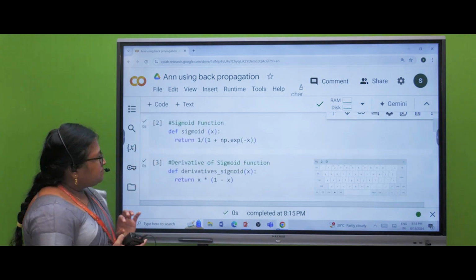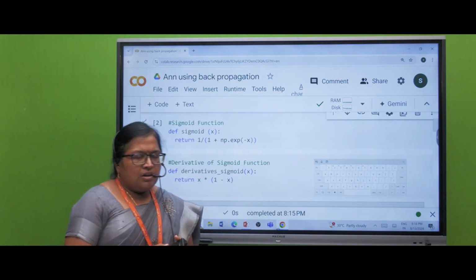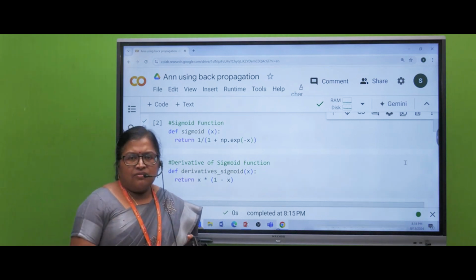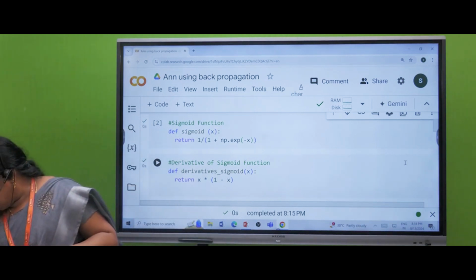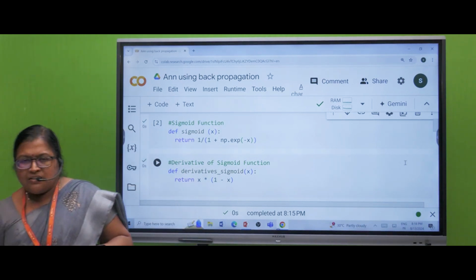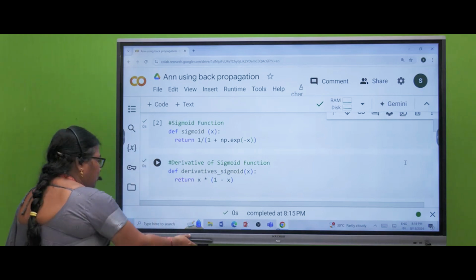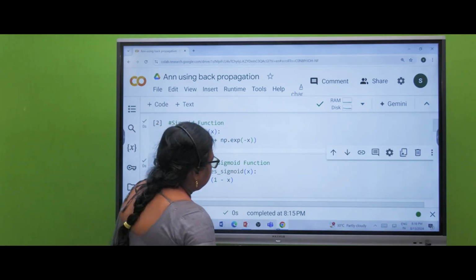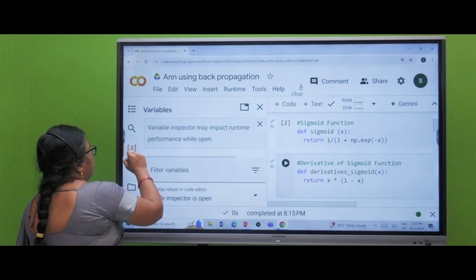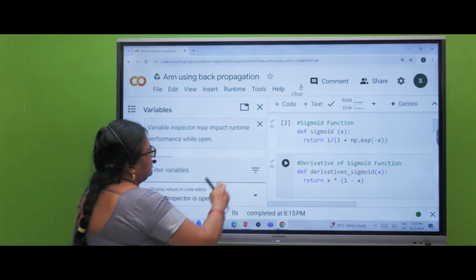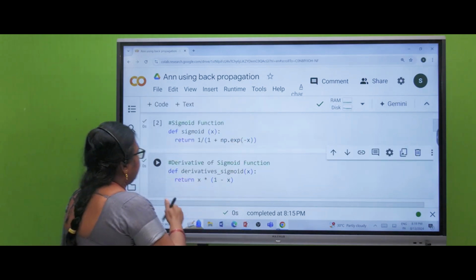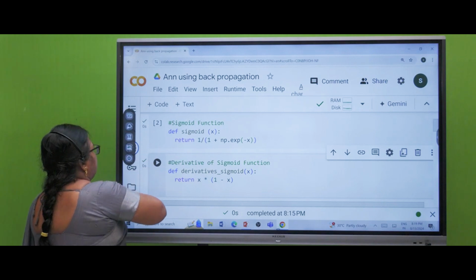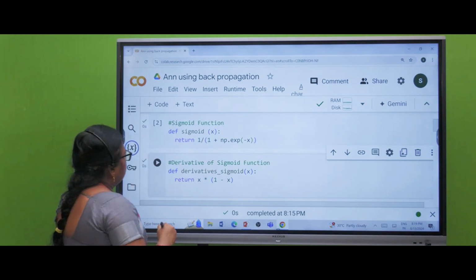Next thing is, when we are building artificial neural networks, I have already told you about them.